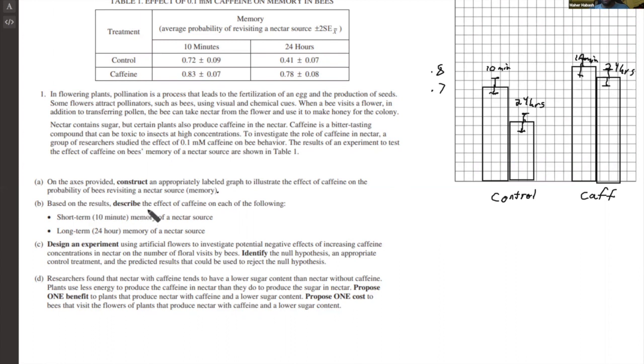Based on the results, describe the effect of caffeine on each of the following: short-term memory of a nectar source and long-term. So if you guys would like to take a second, type it into chat or let me know, we could grade your answers.